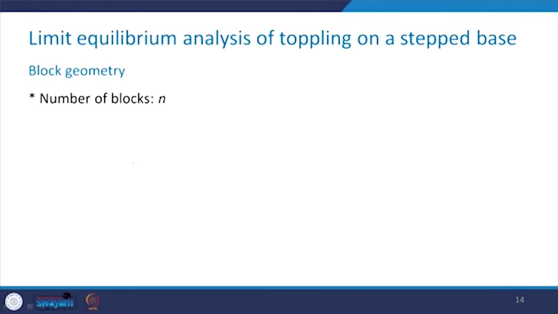So, you see here that we have a simple figure. Say this is the lower portion of the slope and this is the upper portion of the slope.